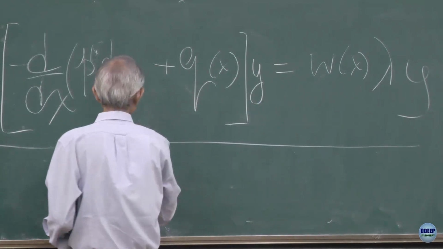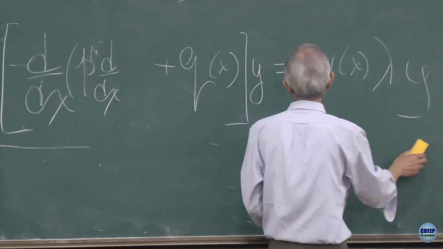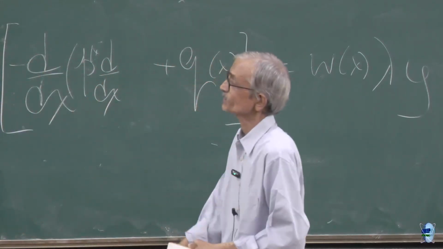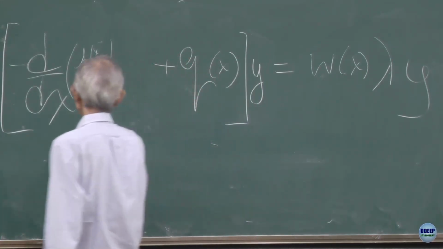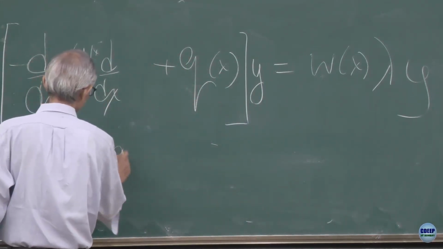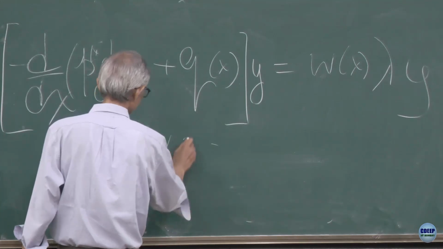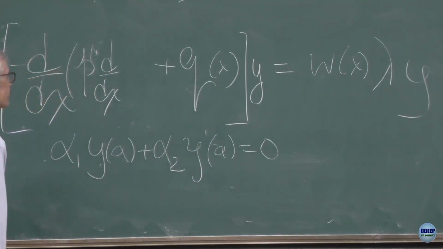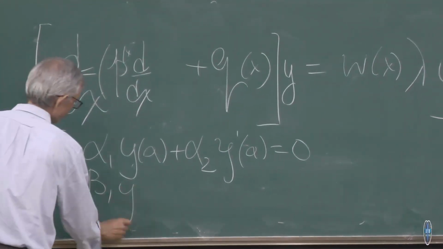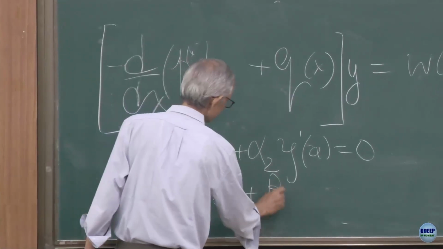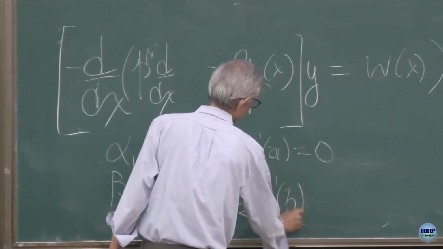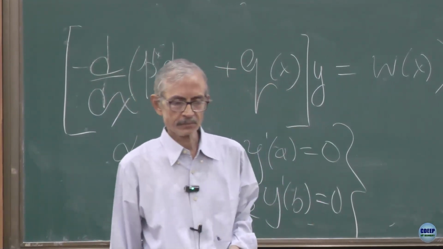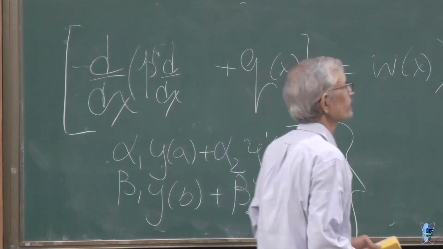So for the Sturm-Liouville system, we are also going to now put these conditions which are homogeneous conditions. So alpha 1 y(a) plus alpha 2 y prime of a is going to be equal to 0, and beta 1, so these are the two end conditions, and we will write alpha 1 square plus alpha 2 square not equal to 0 so that you don't have zeros in there.